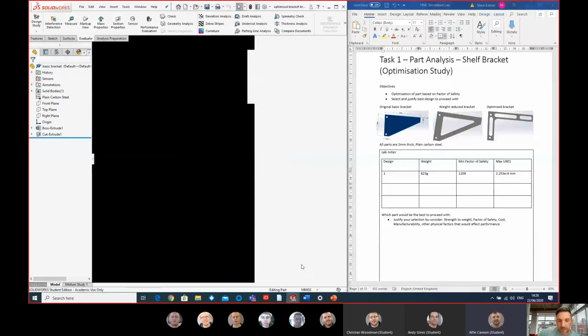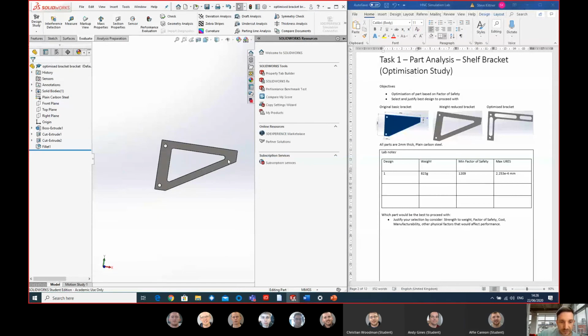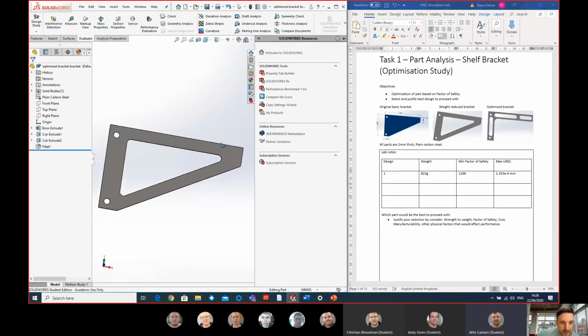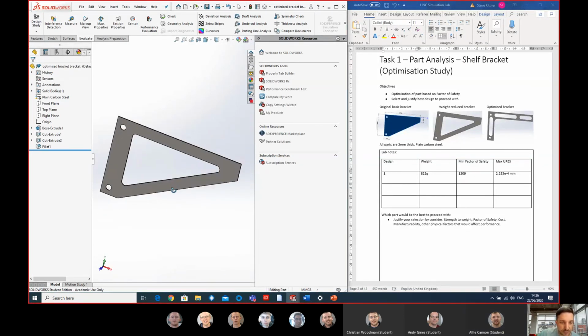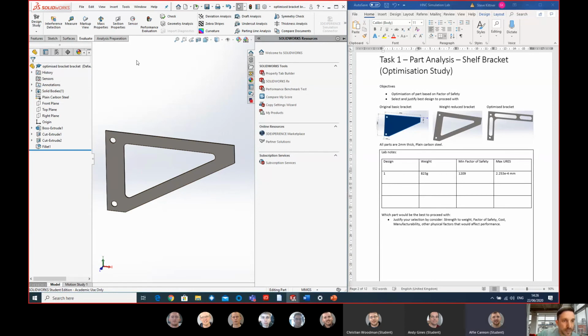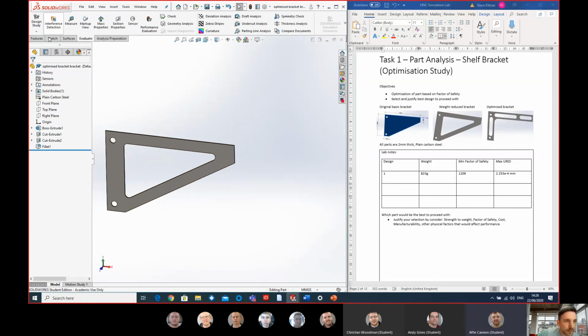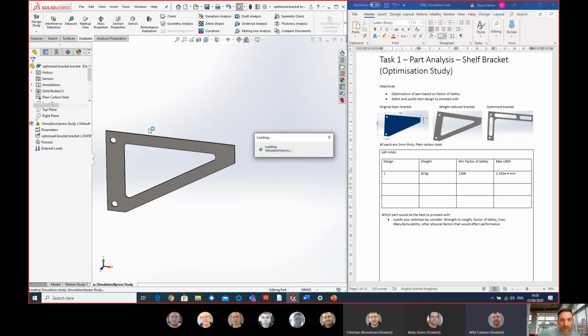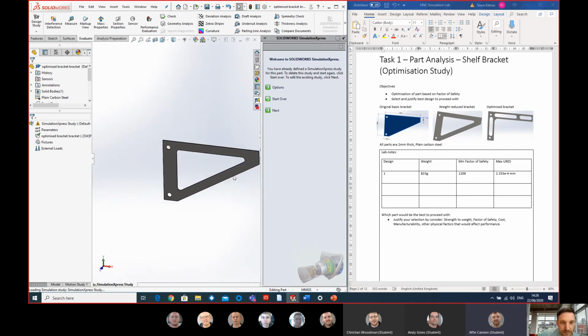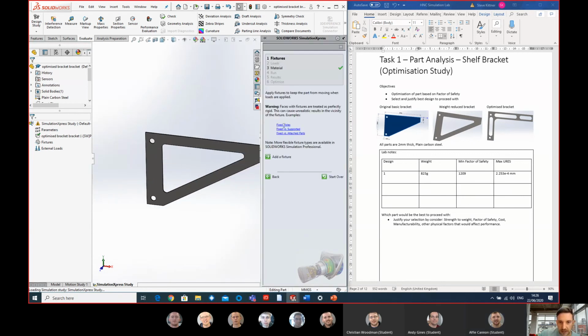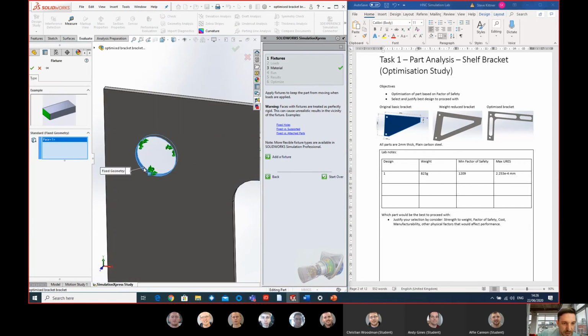That's the one we want. So here's the weight reduced part. Okay, same thickness. Not done anything else to it. I'm going to go through the same process. So simulation. Hit next. So we're going to add the fixture first. Same bracket again.